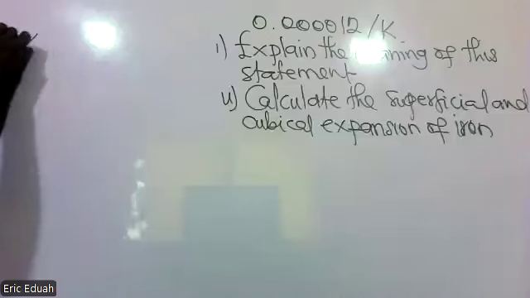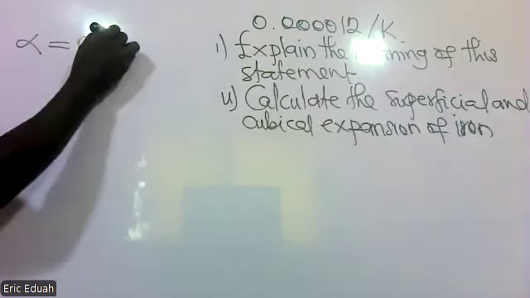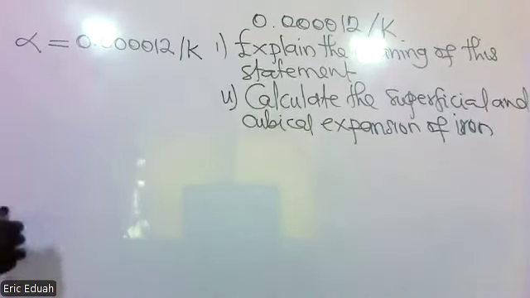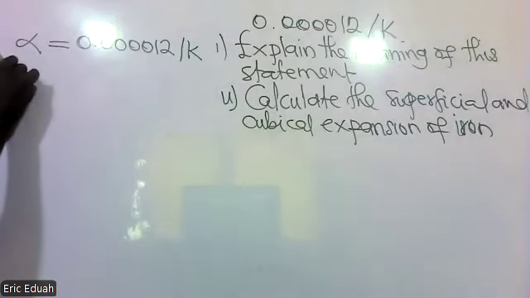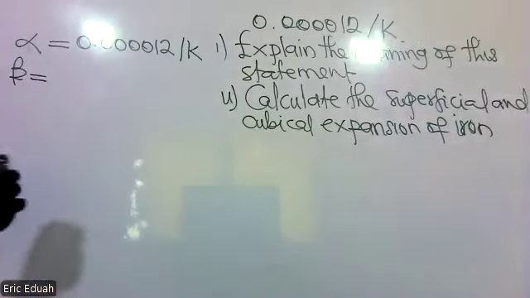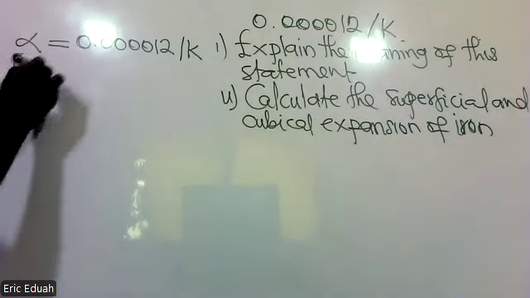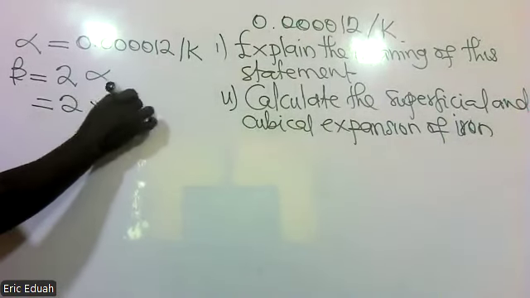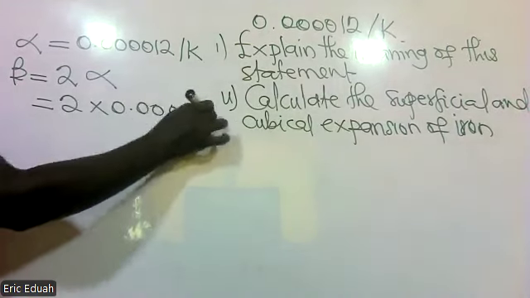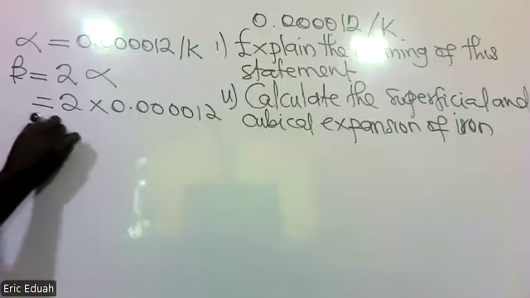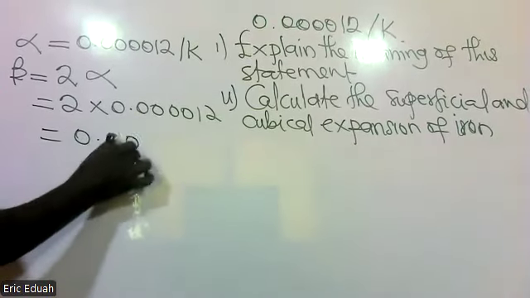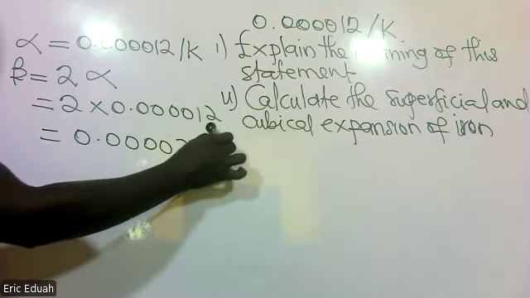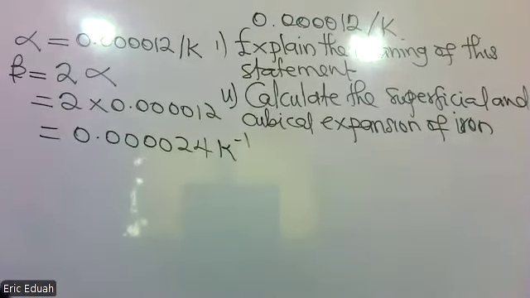Okay, so since alpha is given as 0.000012 per Kelvin, and beta, area expansion or superficial expansion, is 2 times linear expansion, this is 2 times 0.000012, and this will be 0.000024 per Kelvin or per degree Celsius.